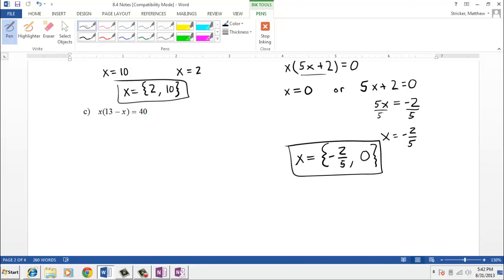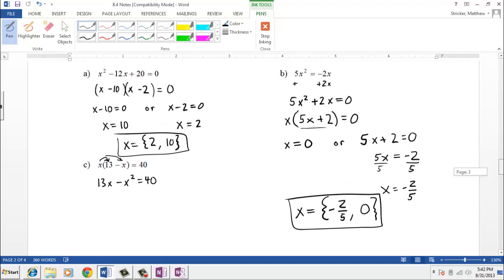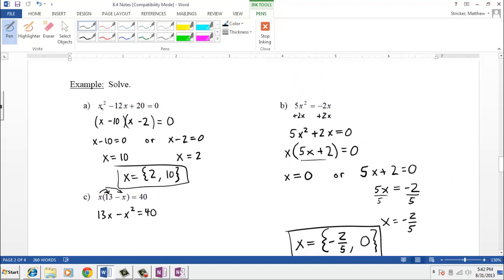If we're going to get everything on one side equals 0, one of the first things we need to do is distribute. So we're going to distribute here, which gives us 13x minus x squared equals 40. And one of the things about factoring is that it's nice to have the x squared always be the positive term. Every problem we've looked at in this class, the x squared is always positive.